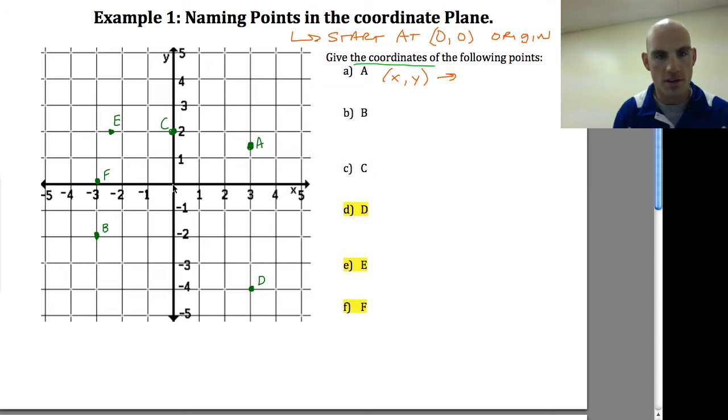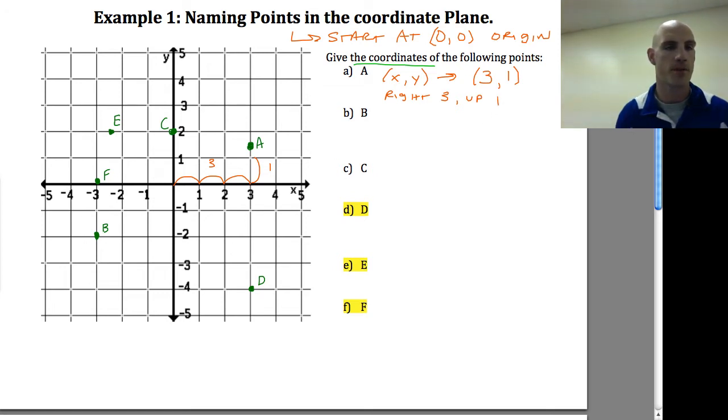Well, if I start at 0, 0, I go 1, 2, 3, until I'm right below A. So I know my first coordinate is going to be 3 for A. And then how far do I go up? Well, I go up 1. So this is 3, comma, 1. And that's how it works. So that's right 3, up 1.